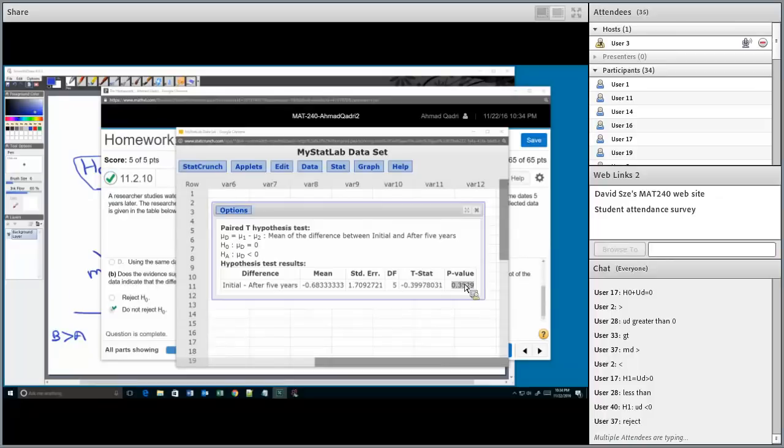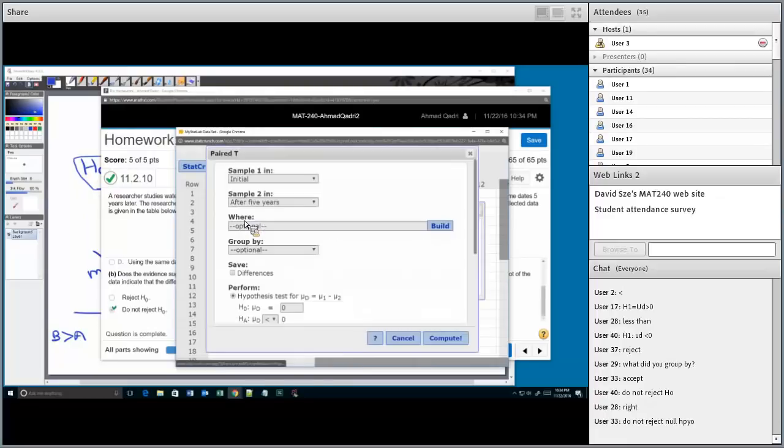We do not reject, right? Well, we should never say accept, just say do not reject the null hypothesis, okay? We do not reject the null hypothesis because your p-value is more than alpha. 0.35 is greater than 0.05. Do not reject the null hypothesis.